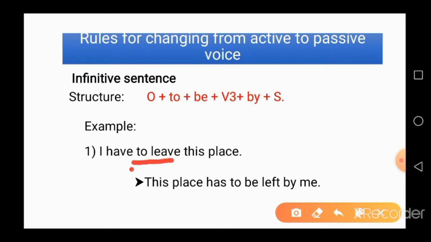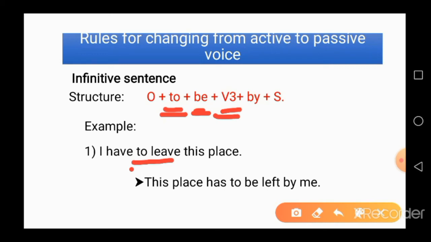So, to leave here is an infinitive verb. When you make the passive voice of such an infinitive verb, we use a structure, that is to plus be plus V3. When it is the passive voice of an infinitive verb, it is made by writing to, after to be, and then the third form of the verb.